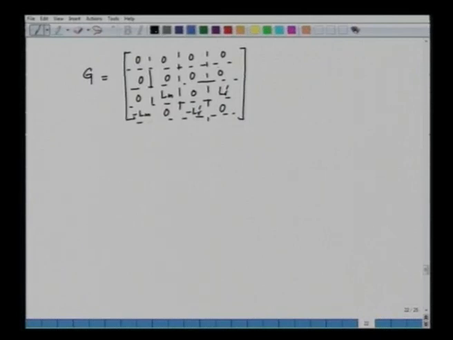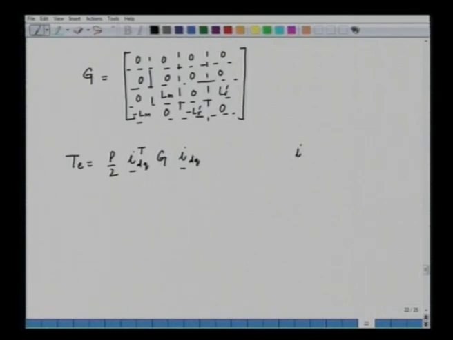Now, we can find out the expression for the torque. Te equal to P by 2 I transpose G into I. So, if you simplify this, we can calculate the expression for the torque. This is the dq equation. We have dq here.